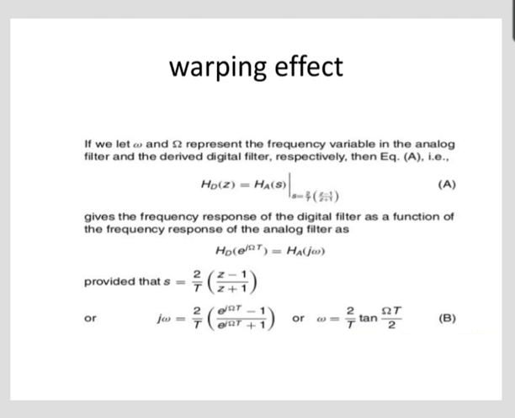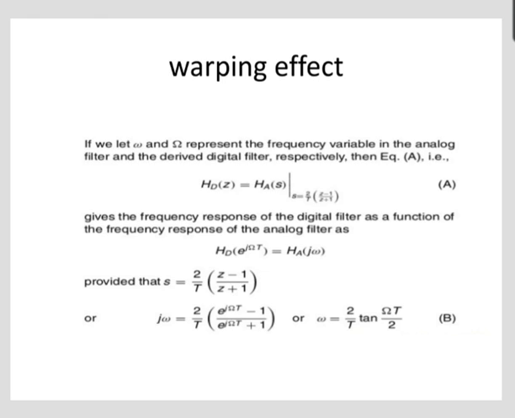What does this equation show? It gives the frequency response of the digital filter as a function of the frequency response of the analog filter. So Hd(e^(jΩT)) is equal to Ha(jω). It provides that s is equal to 2 by T times (z minus 1) divided by (z plus 1). So jω is equal to what?